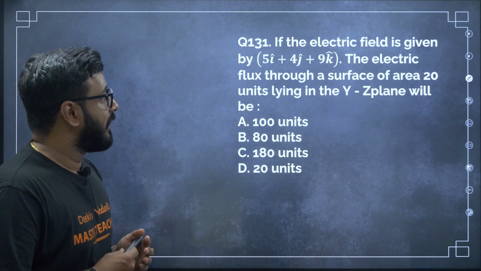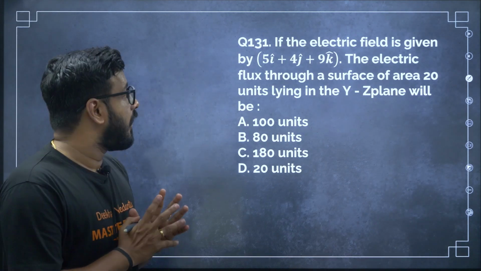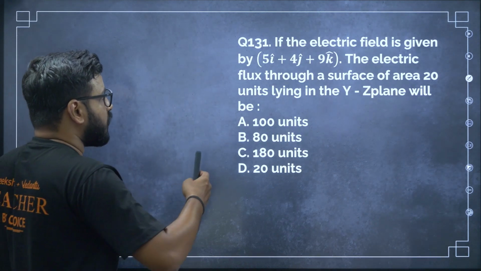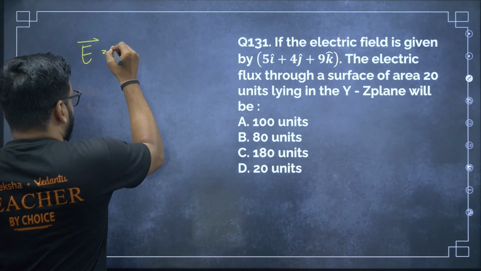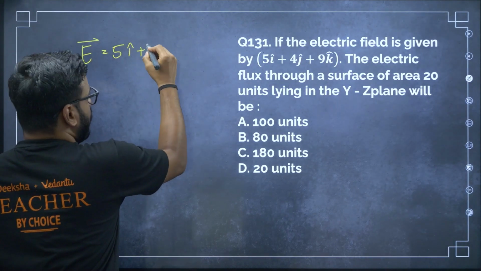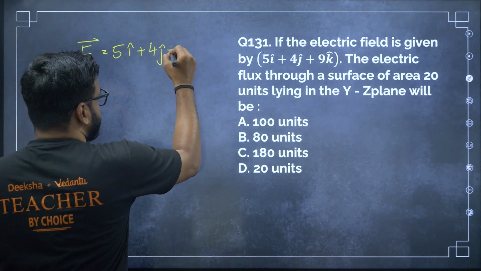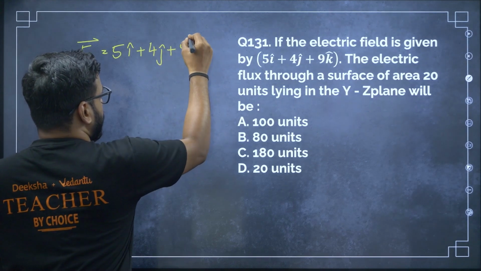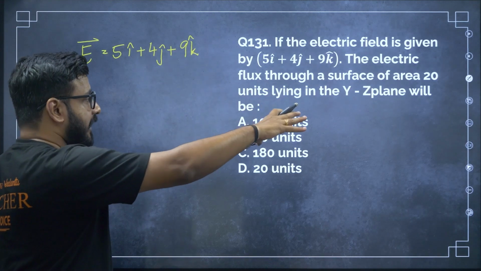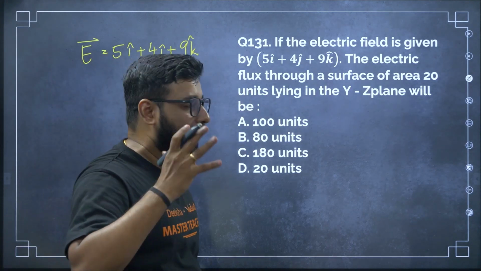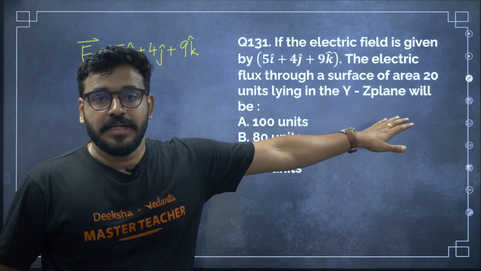Next, if the electric field is given by 5i cap plus 4j cap plus 9k cap, let me just write the vector form, and the electric flux is through a surface of area 20 units, lying in the YZ plane.